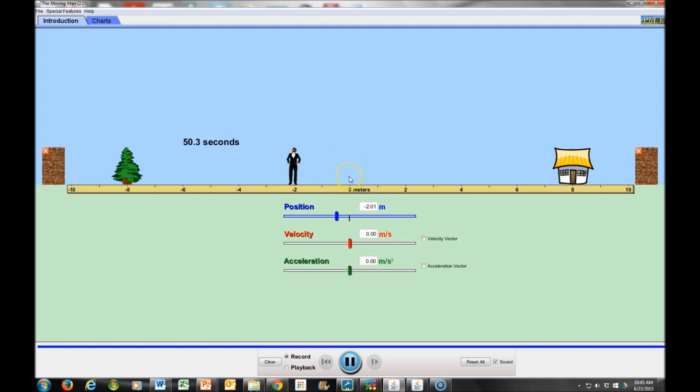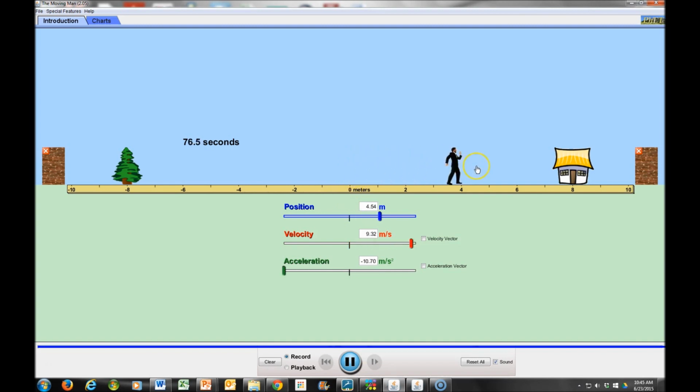So I started right here at 0, so I'm 2 meters to the left, or negative 2 meters, or 2 meters west of where I started. That would be my displacement. My position would also be negative 2 meters, or 2 meters west. Now, if you notice, position and displacement are often the same, and in fact, they will always be the same if we start at 0.